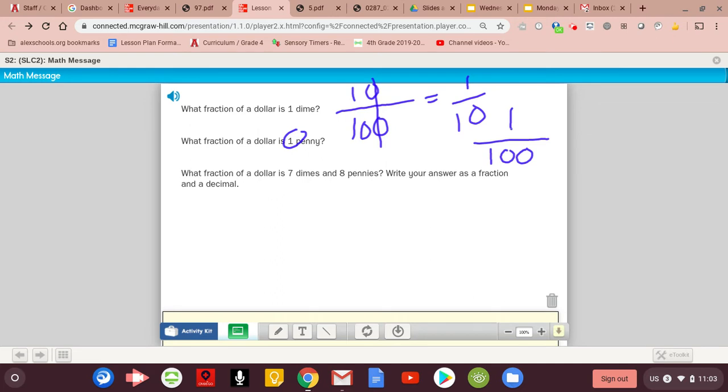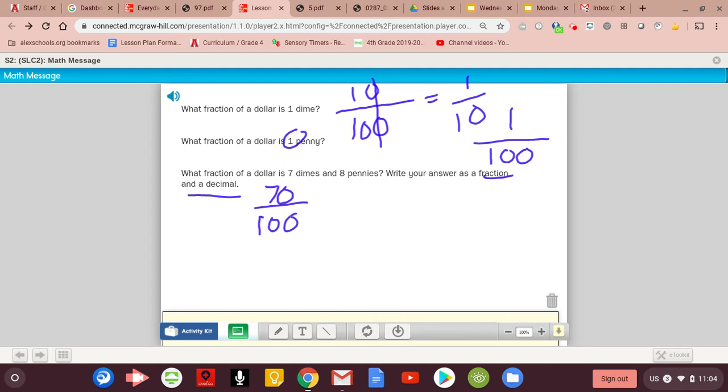Our next question here is, what fraction of a dollar is 7 dimes and 8 pennies? Pay close attention because it says write your answer as a fraction and a decimal. We're going to start with the fraction because I think that's a little bit easier from what we did above. So 7 dimes would be 70, and then we need to put that over 100 because there's 100 in a dollar.